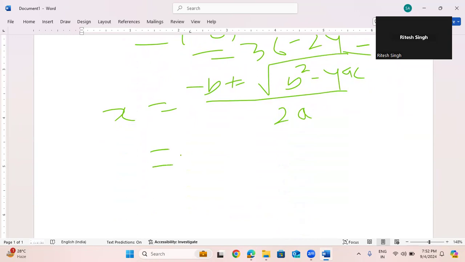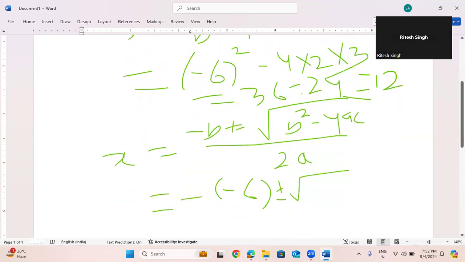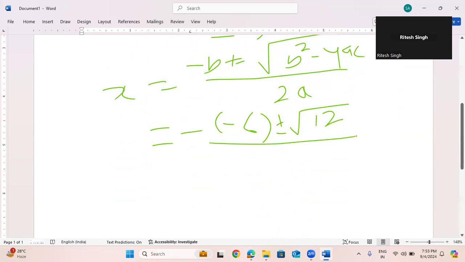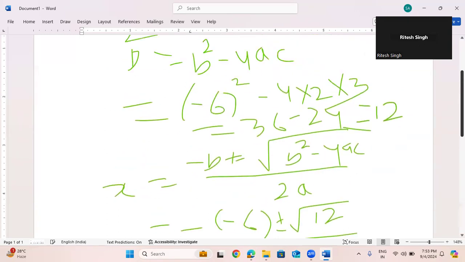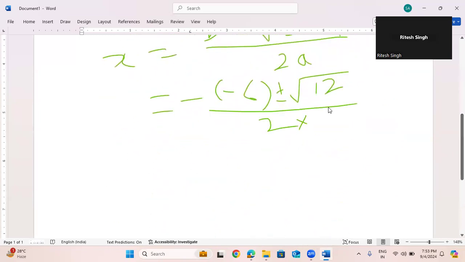The formula says minus b, and in place of b it is minus 6, right? Plus minus root under b square minus 4ac. We have already got the value of b square minus 4ac, that is equal to 12, so we will write it down. We need not calculate again. Divided by 2 into a. 2 into a is what? 2. So this is minus minus, plus 6.